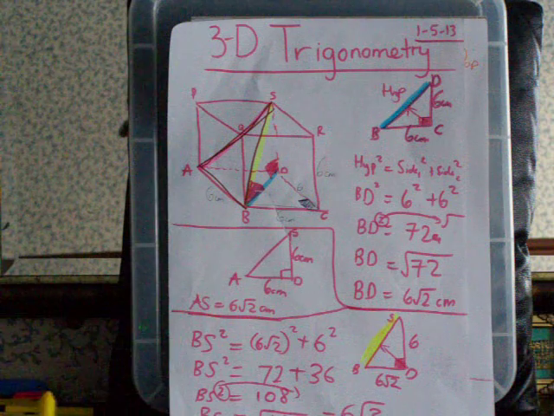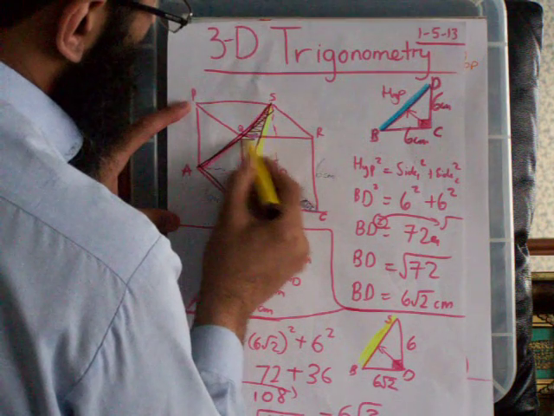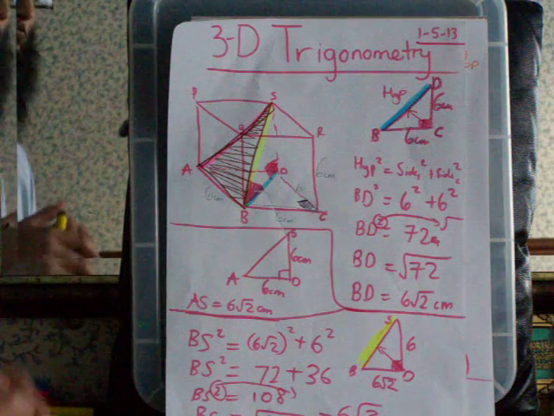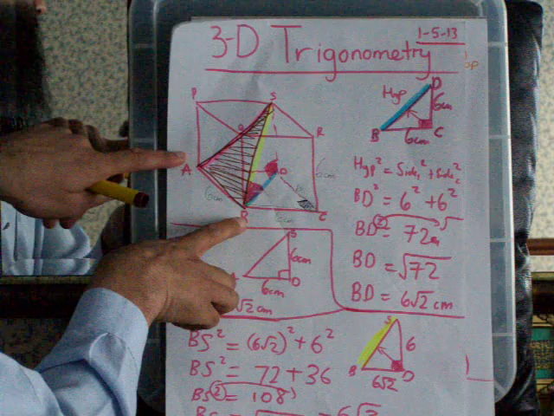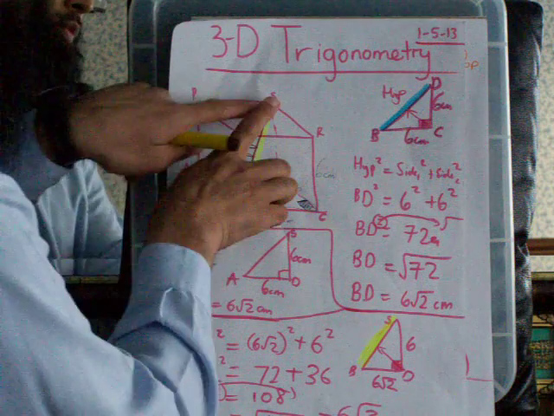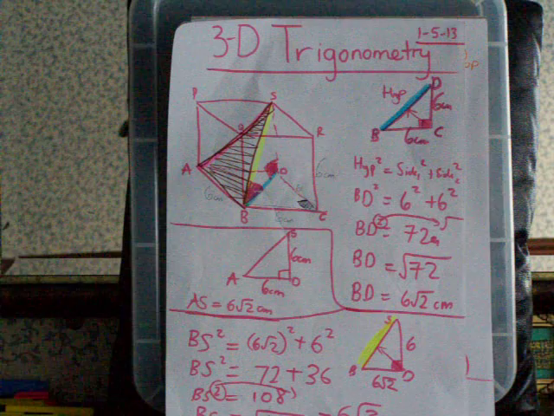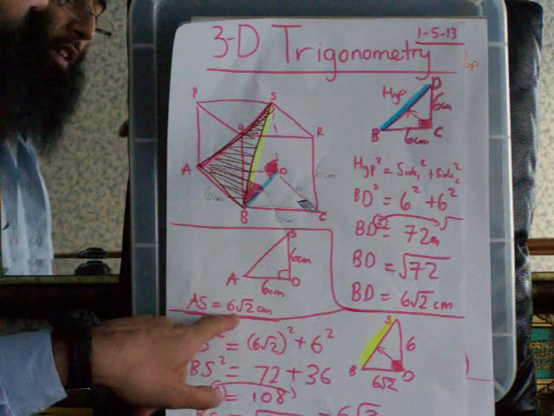Now, if you look at this diagram, we now have a triangle which starts off at the base of the cube and goes towards one angle over there. Okay, now what measurements do we know? Do we know the line AS? Yeah. Did we work that out? Yeah, we did. Which is 6 root 2, that's lovely.